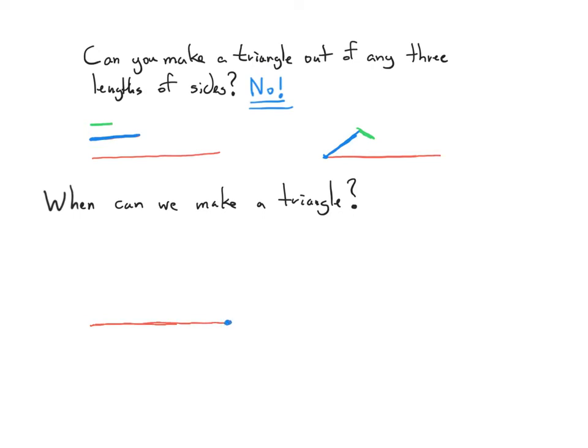Now, if we think about it, if I have the blue line segment so that the angle between the red line segment and the blue line segment here is very large, then the line segment that joins the endpoints here will also be very large. And the closer this is to a straight line, then the longer my green line segment will be.